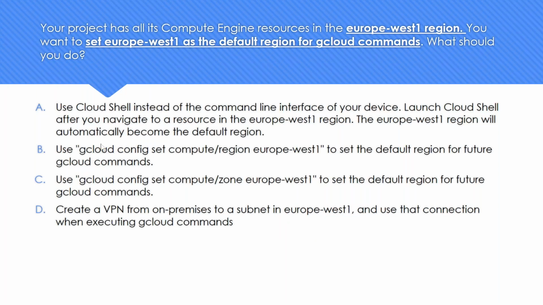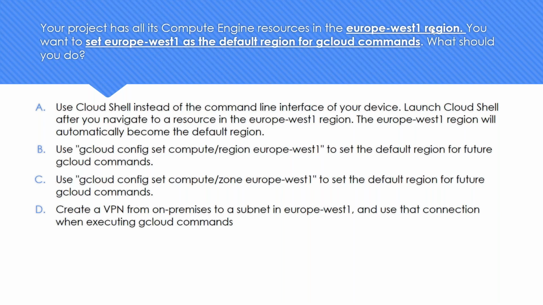Option B, use gcloud config set compute slash region. What they're expecting is region, and then the region name, to set the default region for future gcloud commands. So this is something which is going to work. We had used something very similar in our class also, where instead of region we used zone because we had to set a default zone there.